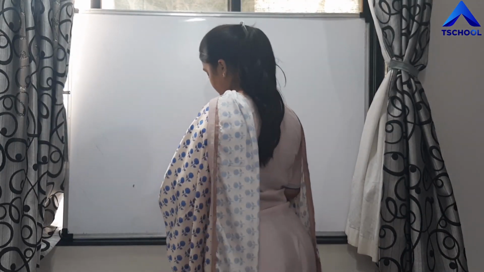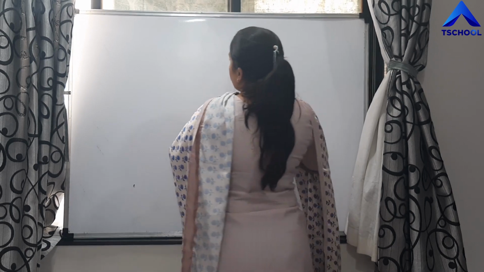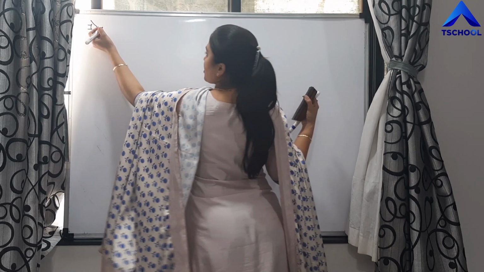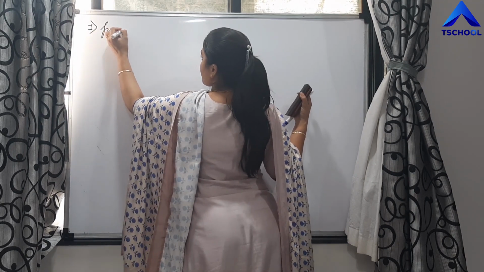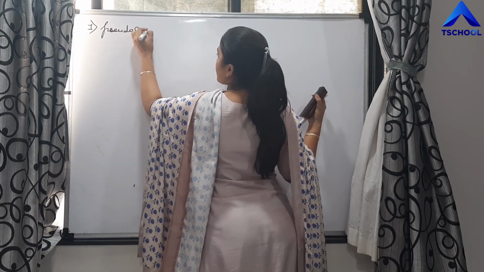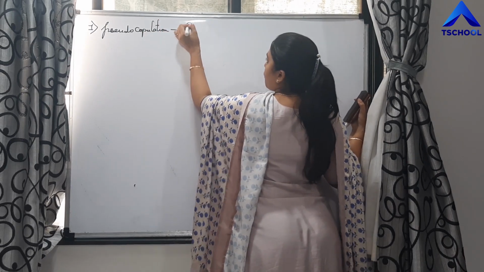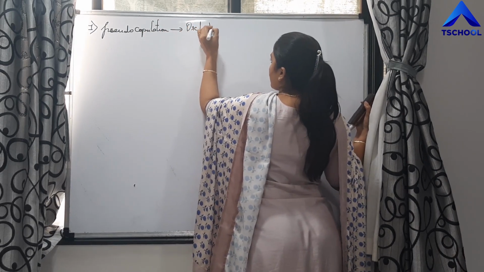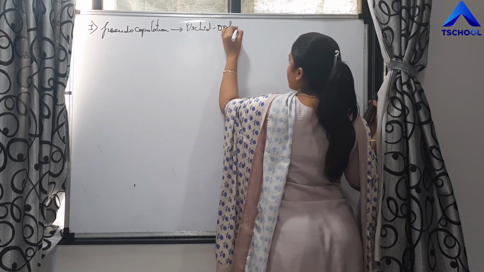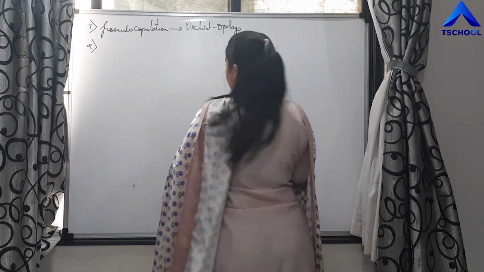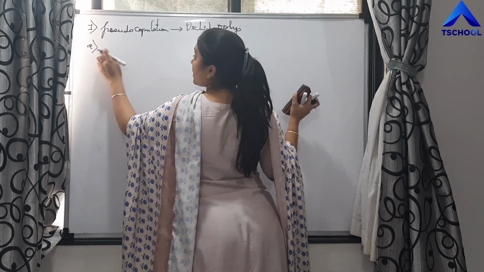So now we are going to study different examples of entomophily. Right? The first one, which we are going to study, is pseudocopulation in case of orchid or ophrys. Second is hypanthodium type of inflorescence.